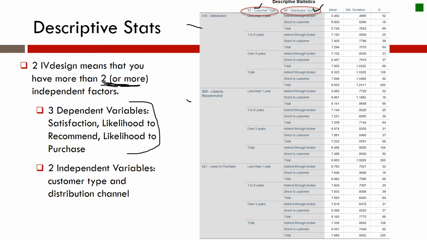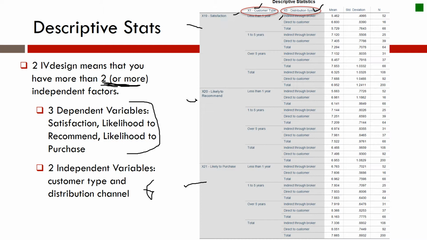And we have means available for each of these three variables, based on customer type and distribution system. If we have three different customer types and two different distribution systems, 3 times 2 equals 6, meaning that we'll have 6 different groups.